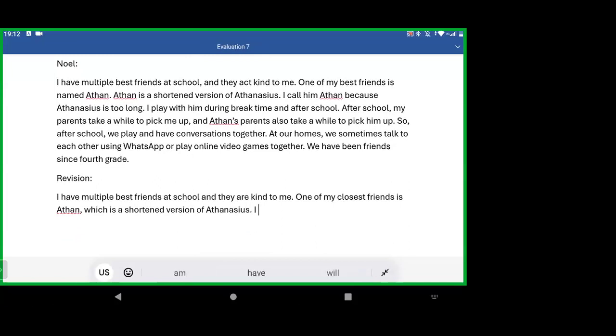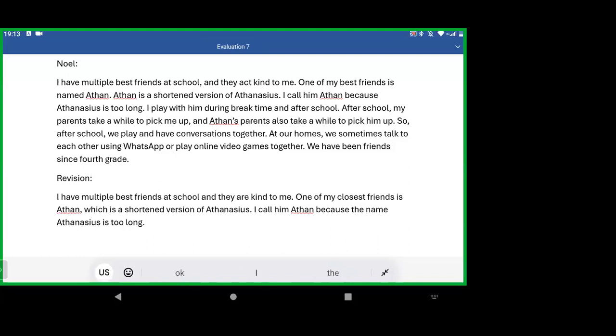We know that you're referring to Athanasius as your friend, but Athanasius is his name. So we can just say I call him Ethan because the name, to emphasize that this is his name, is too long. There we go.